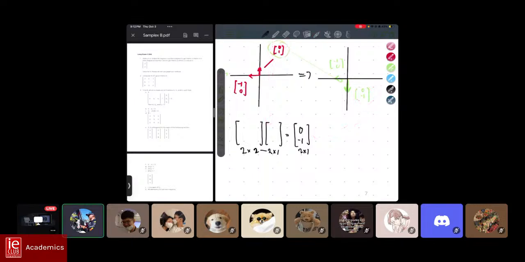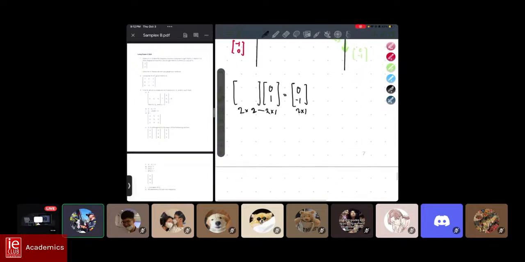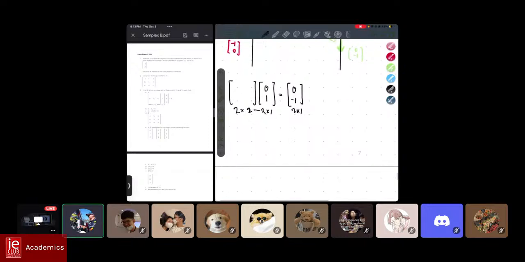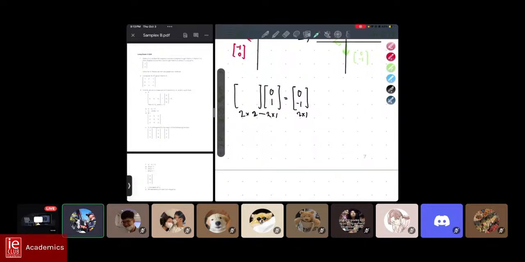So, this is now 0, 1, yielding 0, negative 1. Let's test again. Tapos, so let's multiply. Okay, so ito, multiplied dito.